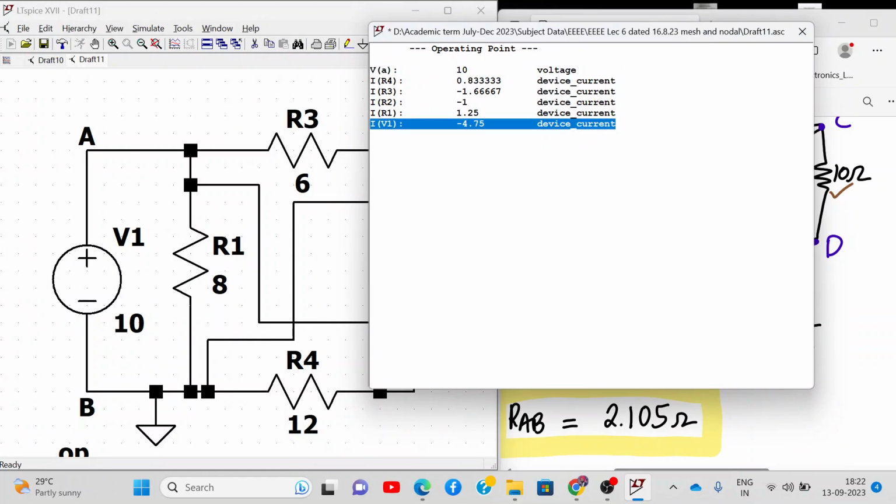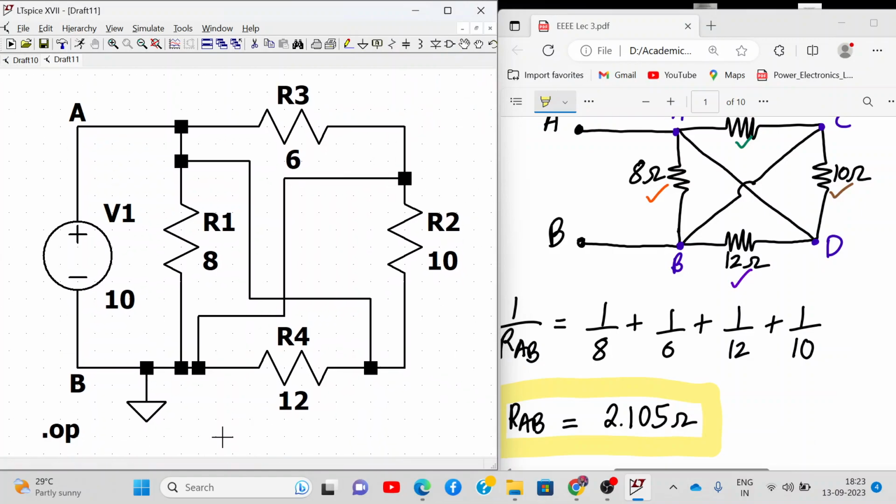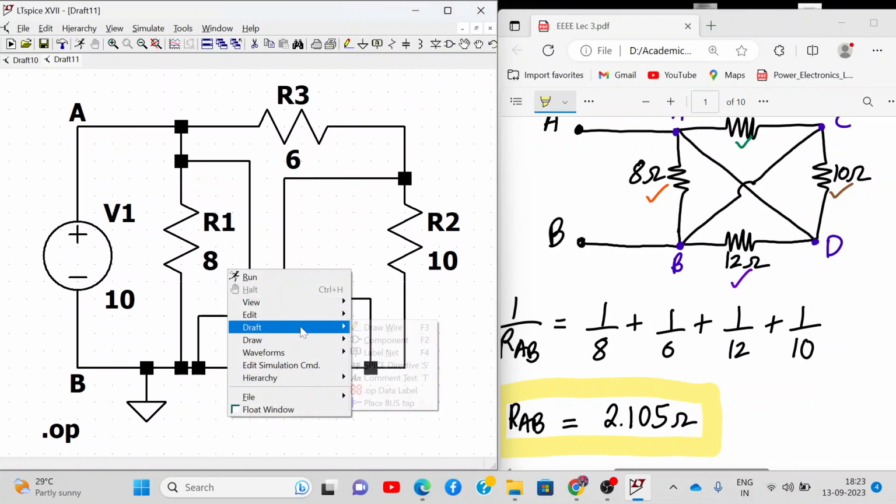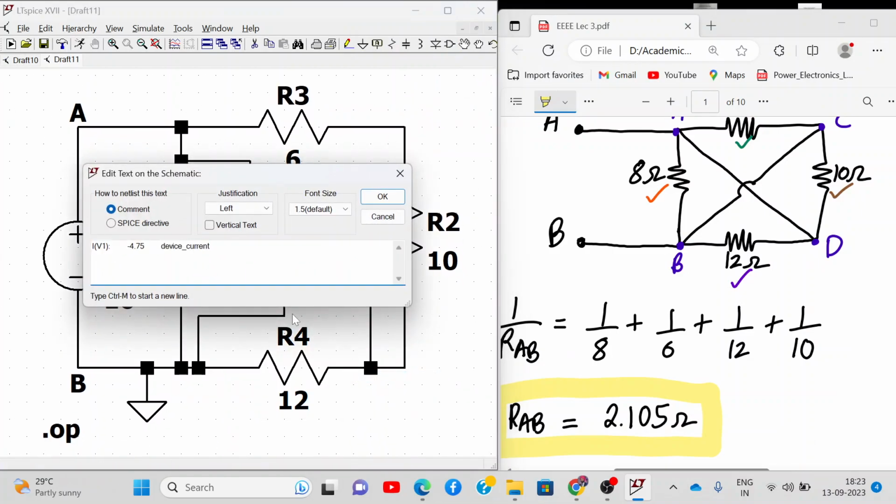Let me copy this and add it over here. I'll right click, draft, comment. So this is my current. My RAB will be V1 divided by I of V1, which is 10 divided by 4.75, which is 2.105 ohms.